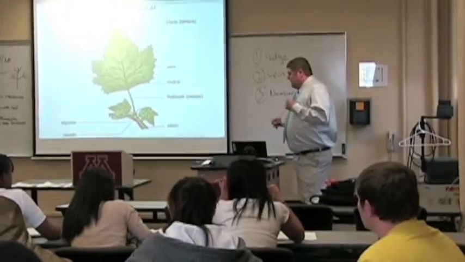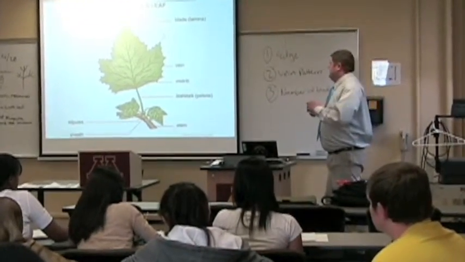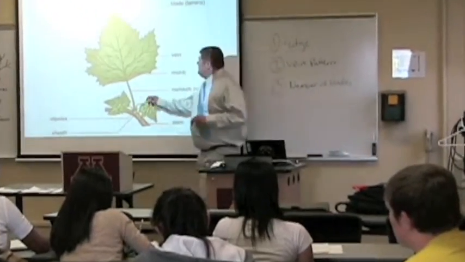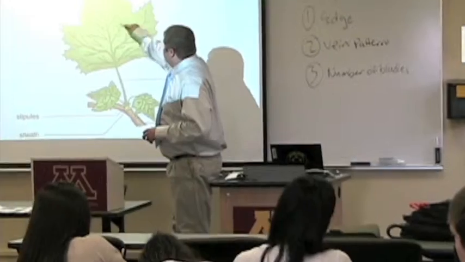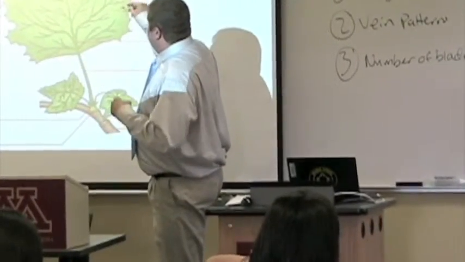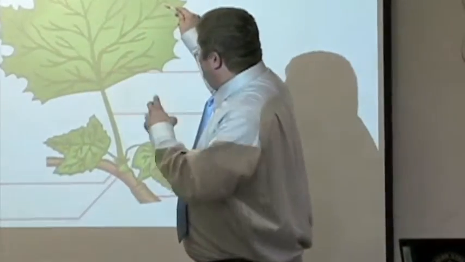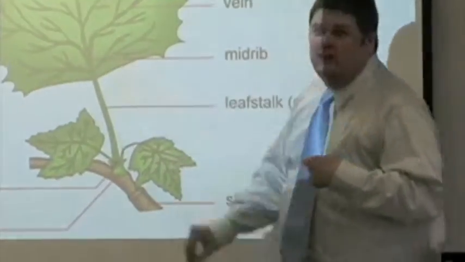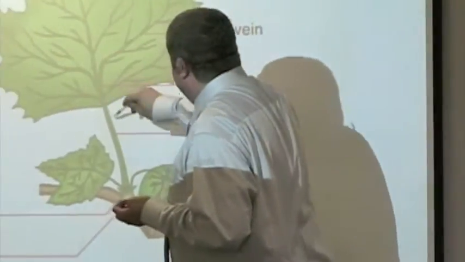What the veins are going to do is work to supply every part of the leaf with water. So they're branching out here and supplying water to all the different areas in the leaf. And then when the leaf produces food, certain veins are going to carry it back, and they're going to use the midrib, which is the big central vein.